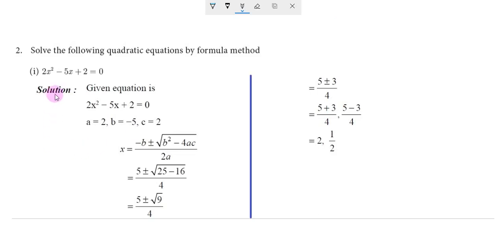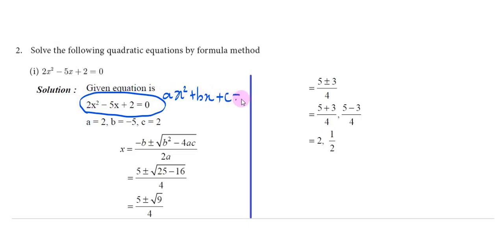So given equation 2x square minus 5x plus 2 equal to 0. Compare this equation with ax square plus bx plus c equal to 0. How can we compare? Look, here we go. What is the x square coefficient?